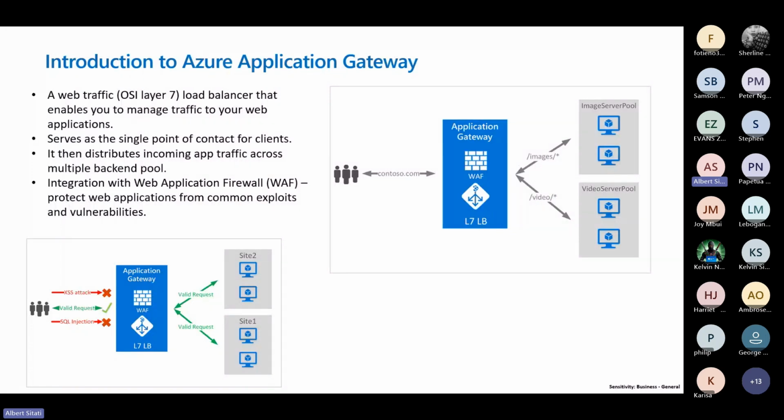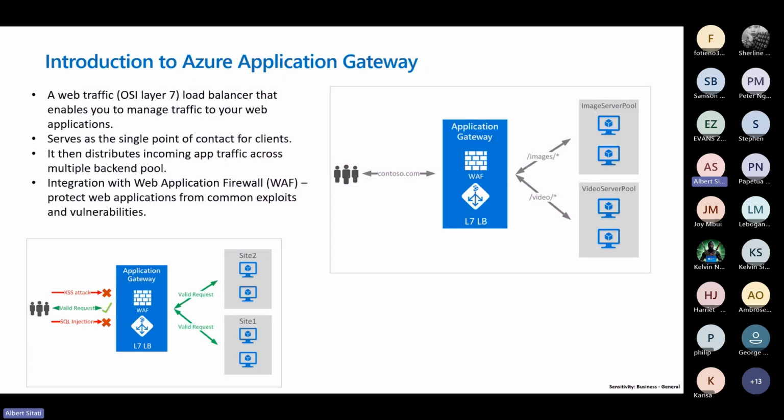It serves as a point of contact for the client. So your request will first hit this application gateway, and then based on the configuration that we'll see in the subsequent slides, the request gets distributed to the respective backend target where your application is sitting.